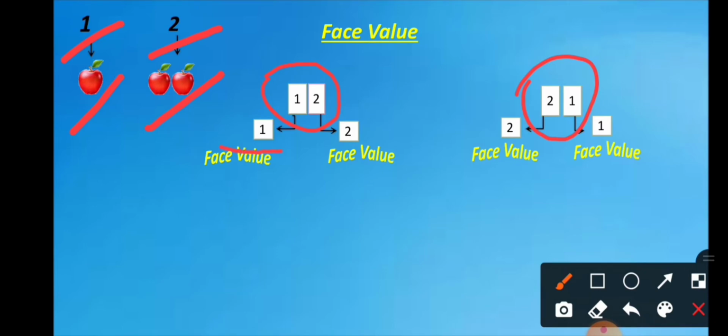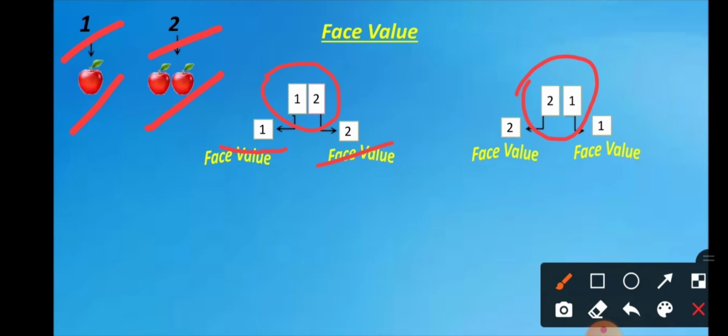See, here face value of 1 is 1. And in number 12, 2 is on ones place. Then face value of 2 is 2. It means the digit is in any place. If 1 is on tens place, or 1 is on ones place, the face value of 1 will be 1 only. Okay, face value will not change.